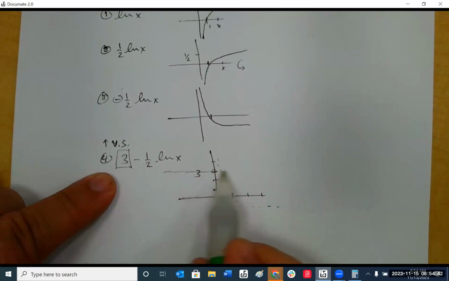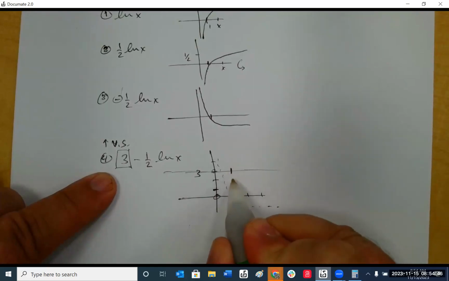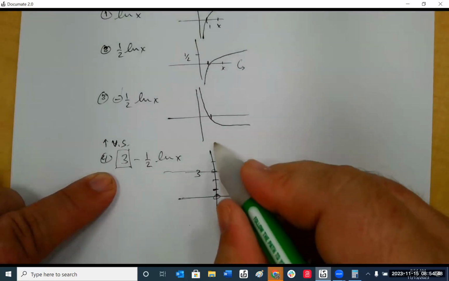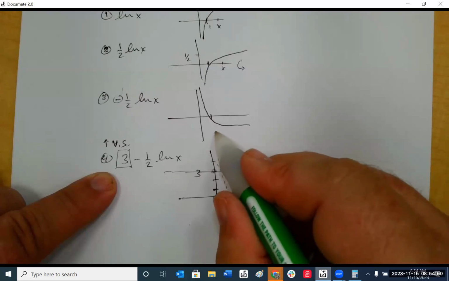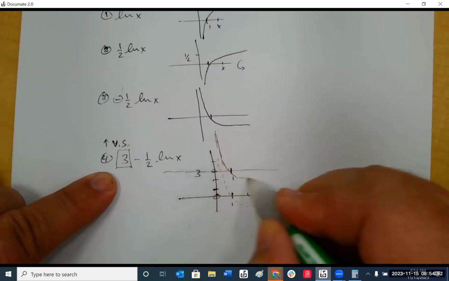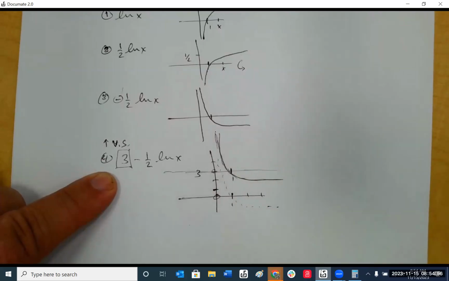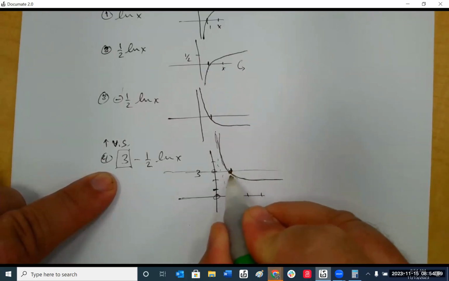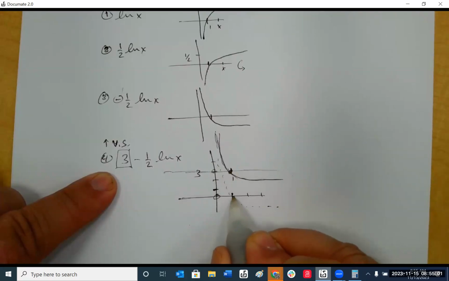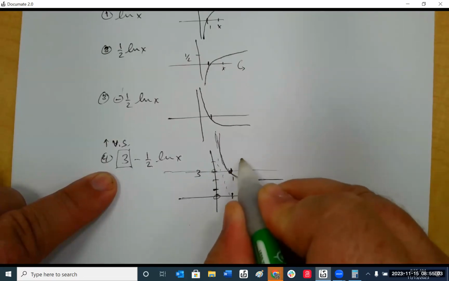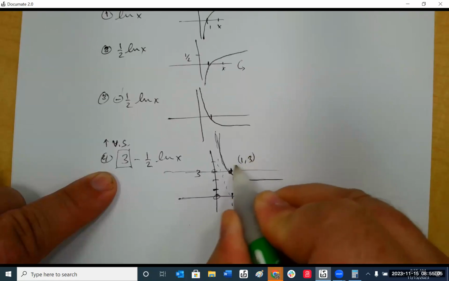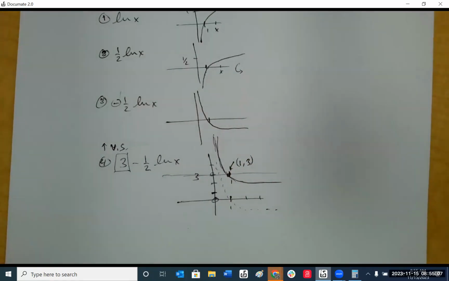So there's my new origin. The graph still crosses at 1. So there's your graph. My new intercept, instead of being at 1, 0, is now at 1, 3. I just shift the whole graph up 3 spaces.